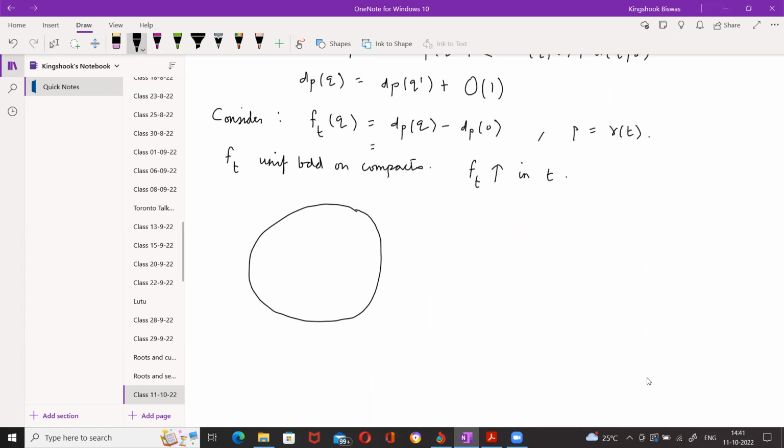This is nothing but TPQ minus T, because the distance from P to O is just T. So to see monotone increasing, this is the origin, this is Q, and now I take say an S, so I mean gamma S and gamma T.